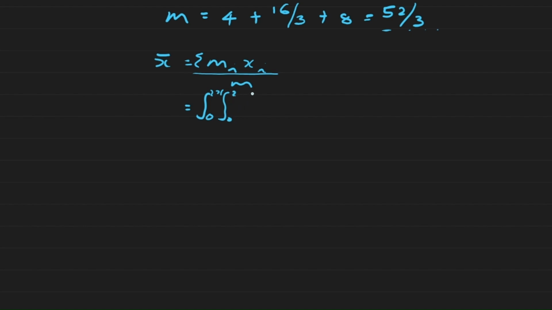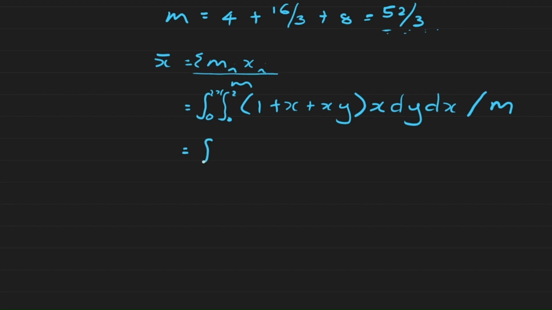So instead of the density, we'll write our function, which we know what the density is equal to, 1 plus xy. And now we have to multiply by the x position. So we're multiplying by x, and of course dy dx. And we have to divide that by the total mass. And we saw that this is 52 over 3, but we don't need to substitute in at this stage. We'll evaluate the integral first.